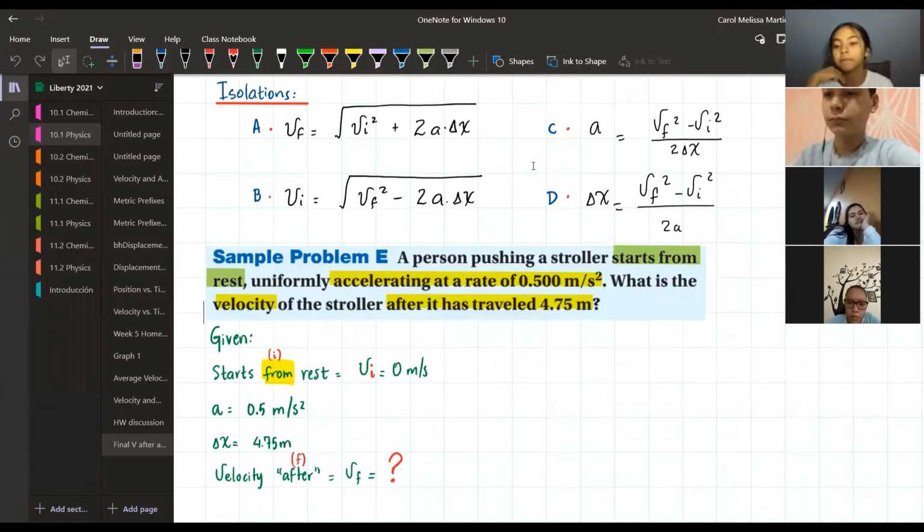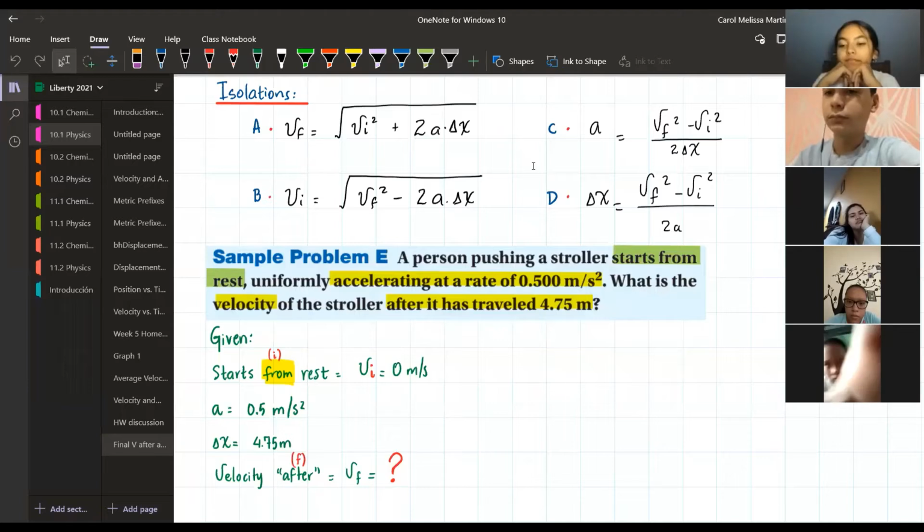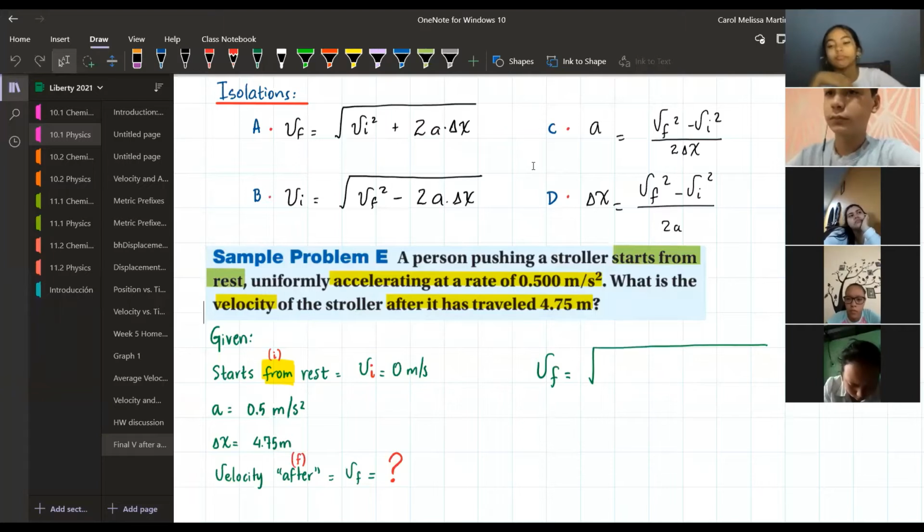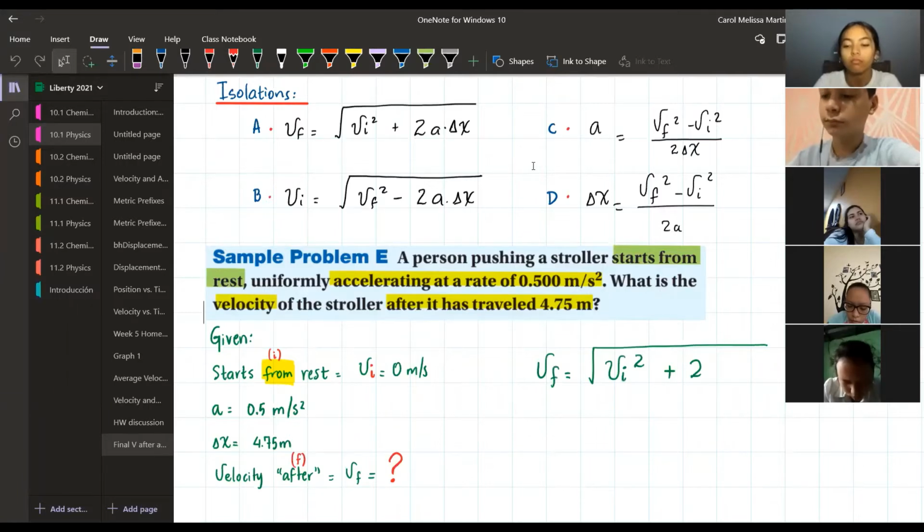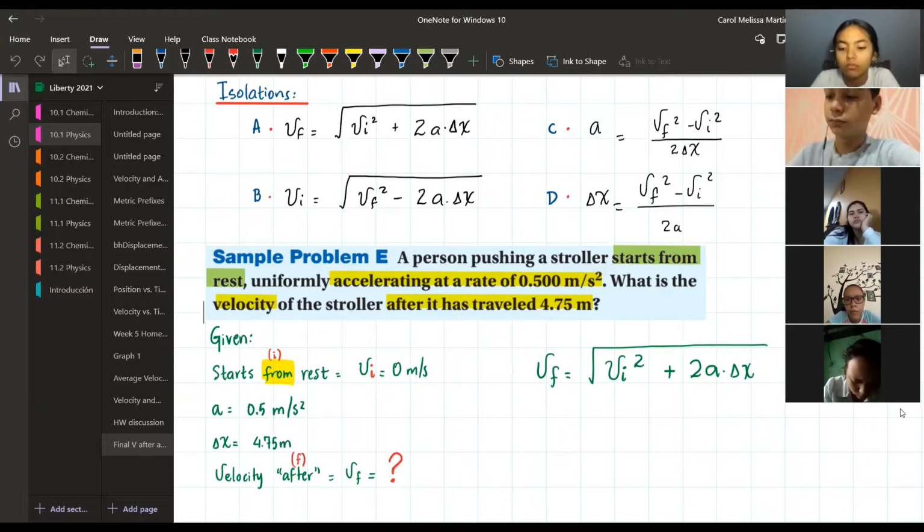So I say Vf is equal to the square root of initial velocity raised to the second power plus twice the acceleration times distance.